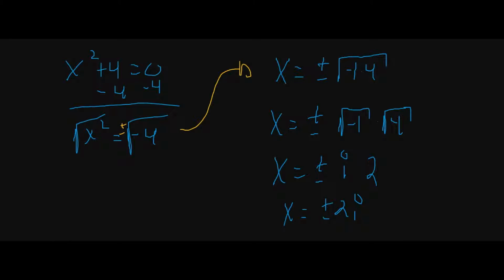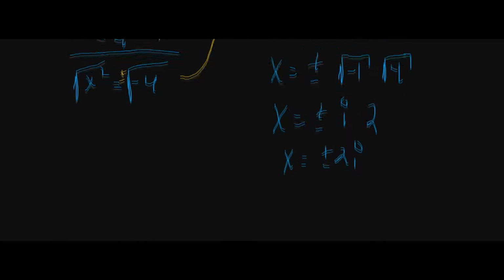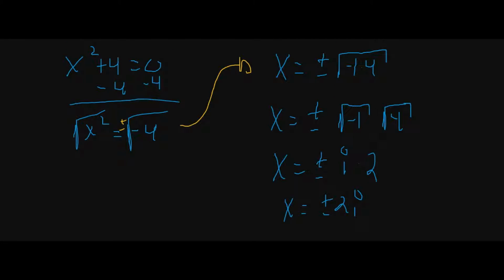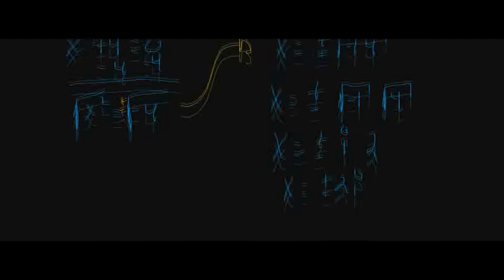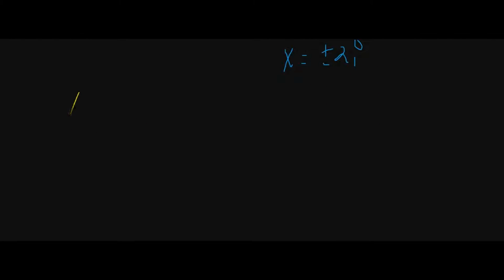I want us to focus on this part right over here. X squared is equal to -4. When we take the square root of both sides, we're going to get a plus or minus.